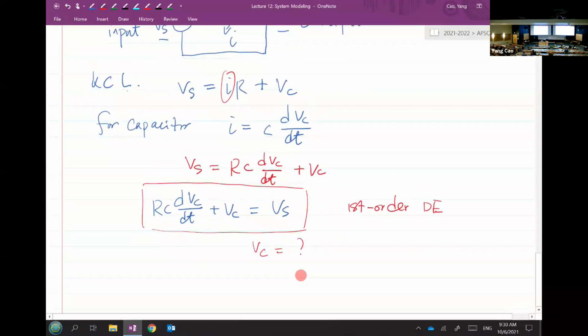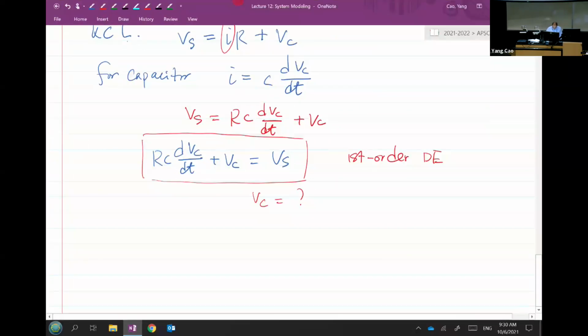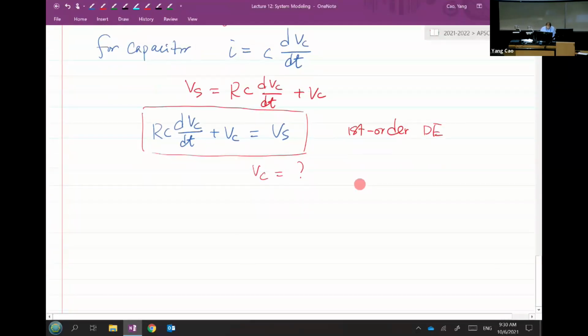That's a very simple example of an electrical system. Let's take a look at one more electrical system, and then we can look at mechanical. Let's look at an RLC circuit.